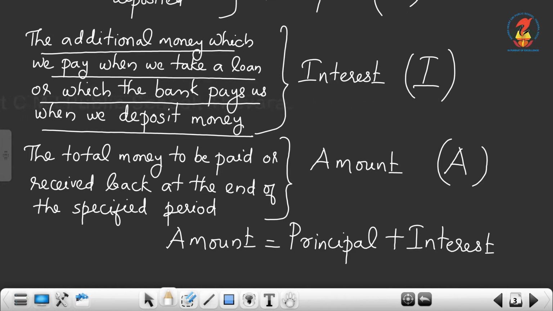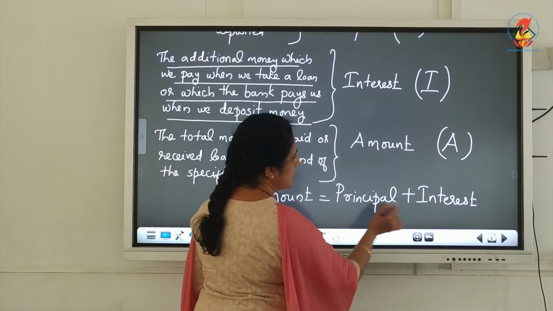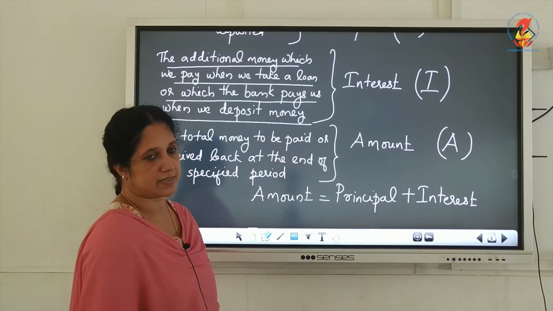So after the specified period, the amount we get, or have to pay back to the bank, will be equal to the principal plus interest.